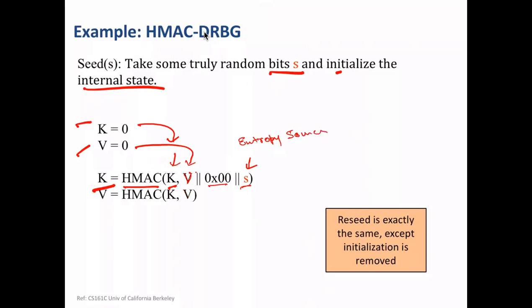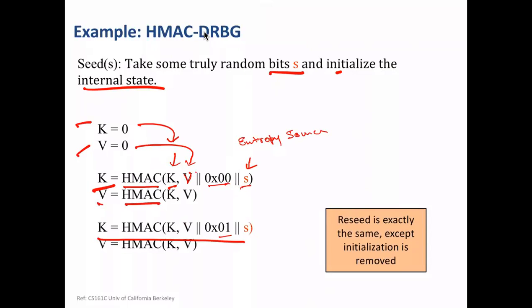All right, and use this algorithm. Then V is equal to HMAC of K and V, and so on. And now you change it from 0 0 to 0 1 and do the same thing. Right. So in this way we can generate random numbers.